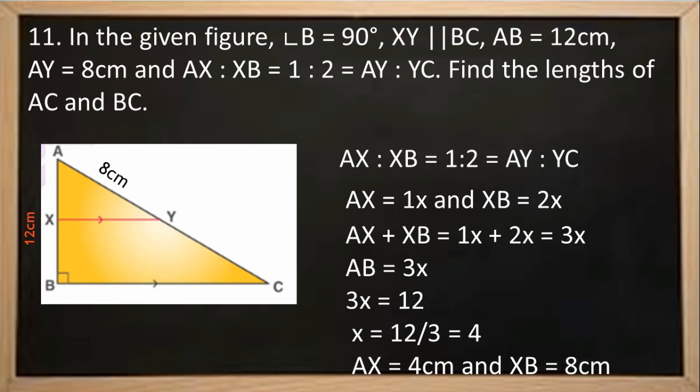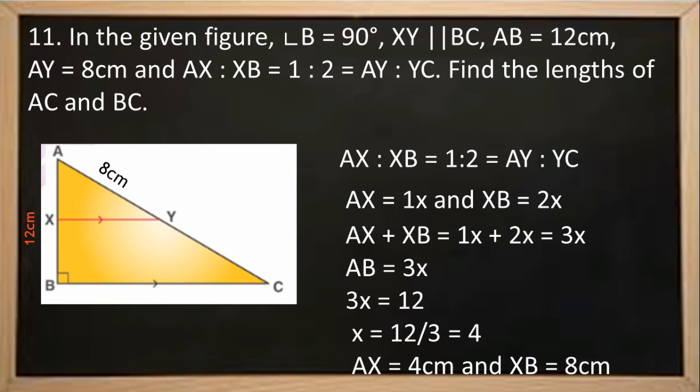So if you add 1x plus 2x, AB will result as 3x. We know the value of AB as 12 centimeters. So if we consider this ratio as 1x plus 2x, then x will be equal to 4.